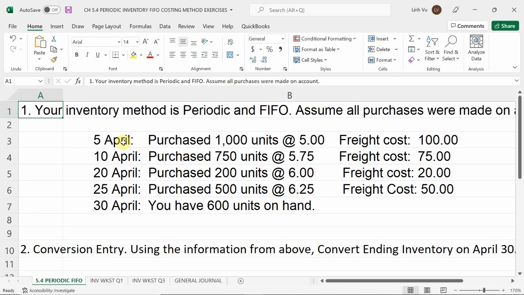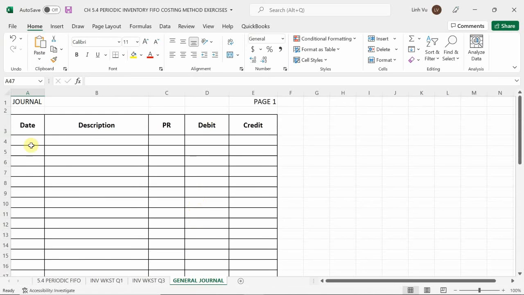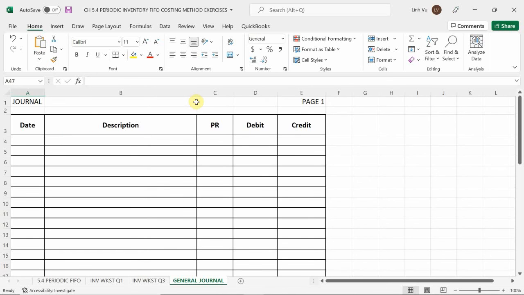On April 5th, we purchased 1,000 units at $5 each with a freight of $100. I also want you to practice journalizing, because that's what we did in chapter 5. Yesterday, we practiced journalizing.